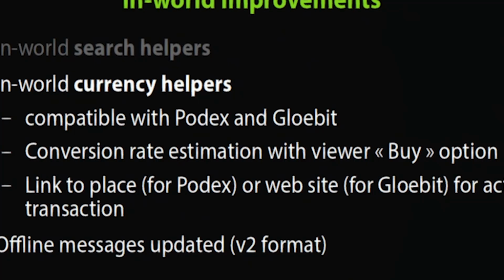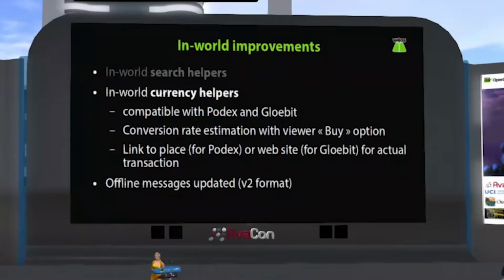We should say, as long as Gloebit works. But the viewer buy option is enabled and allows already an estimation of the cost. And when you click buy, it redirects either to the vendor region for Podex vendors or to the website for Gloebit.